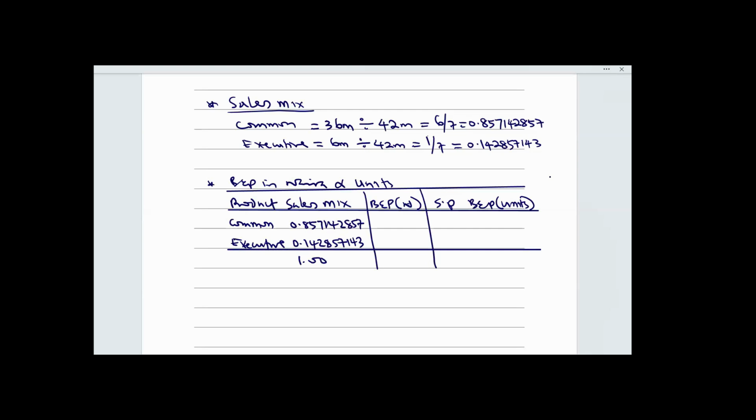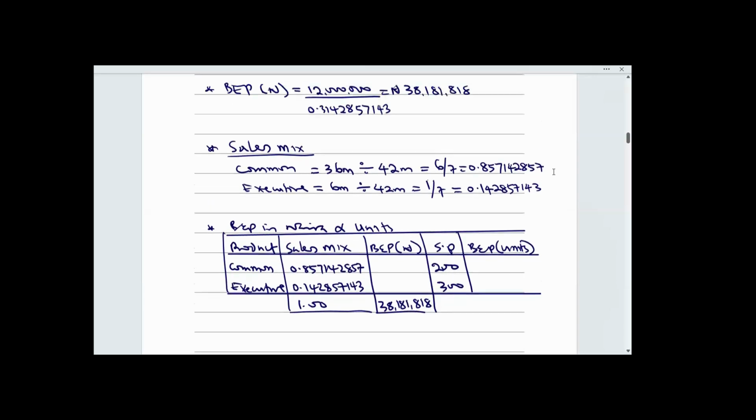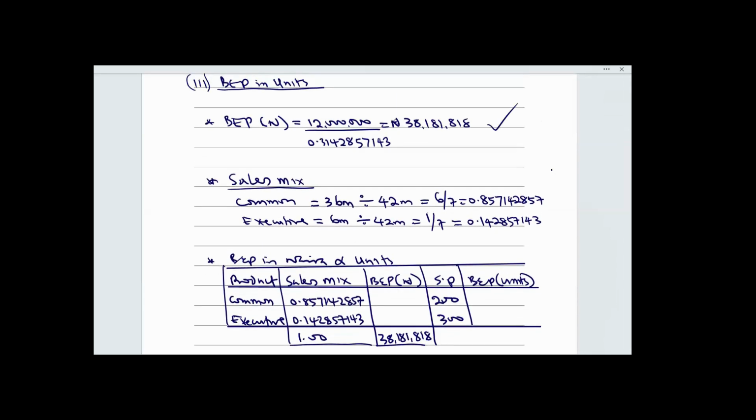Then you want to share the overall break-even point in Naira. Selling price for common is 200. Executive is 300. You want to share 38,181,818 Naira. That's what you are sharing.